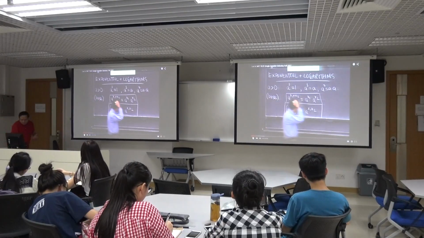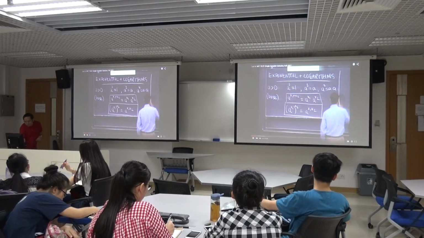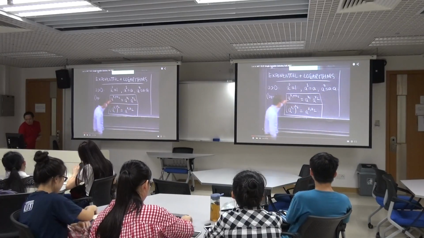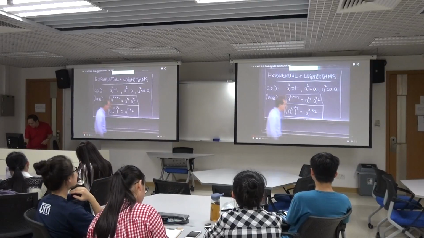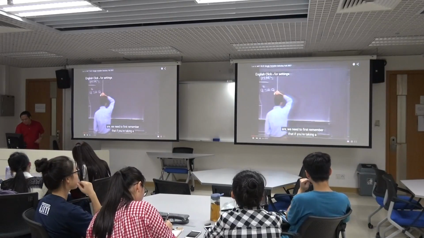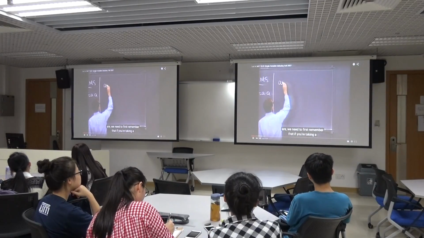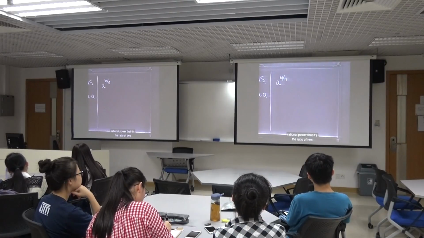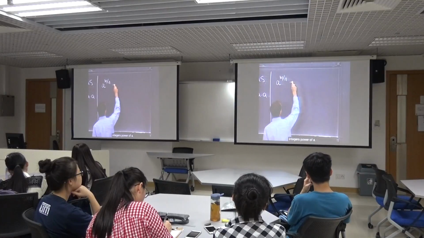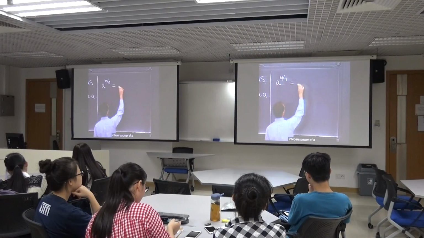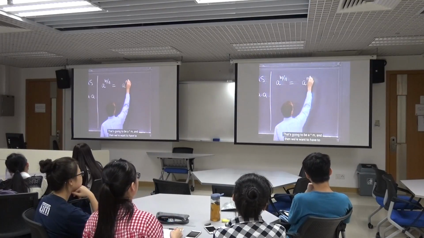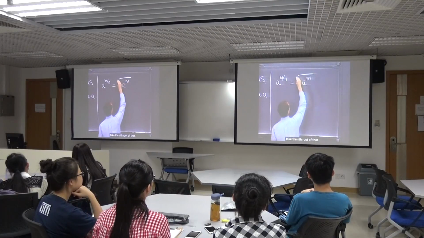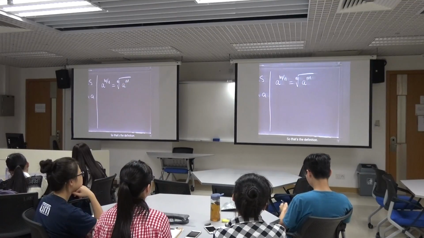Now, in order to understand what all the values of a to the x are, we need to first remember that if you're taking a rational power, that is the ratio of two integers power of a, that's going to be a to the m, and then we're going to have to take the nth root of that, so that's a definition.